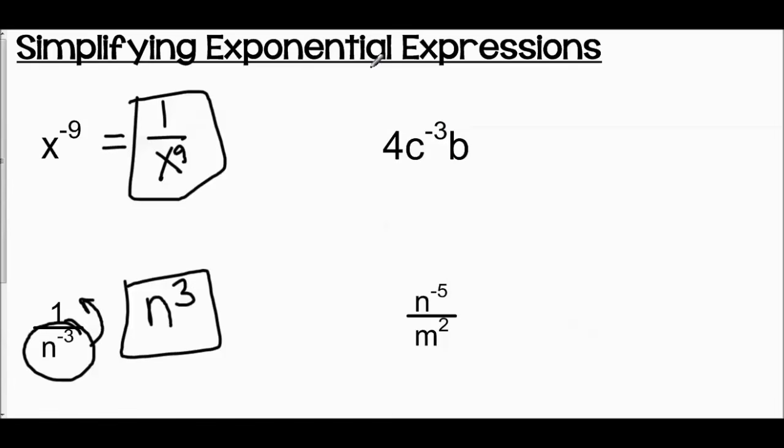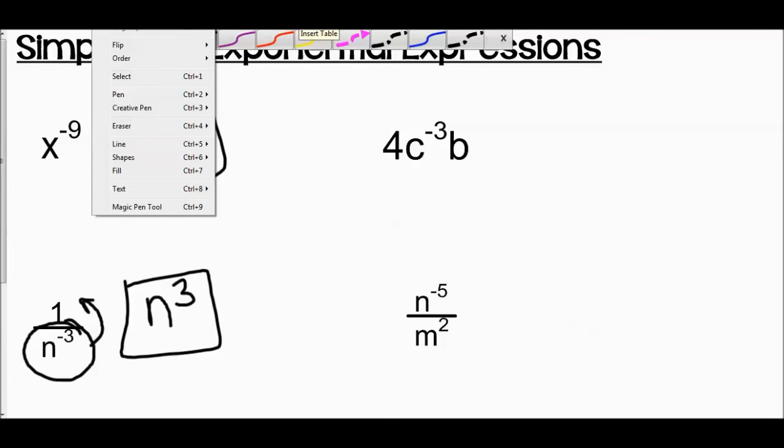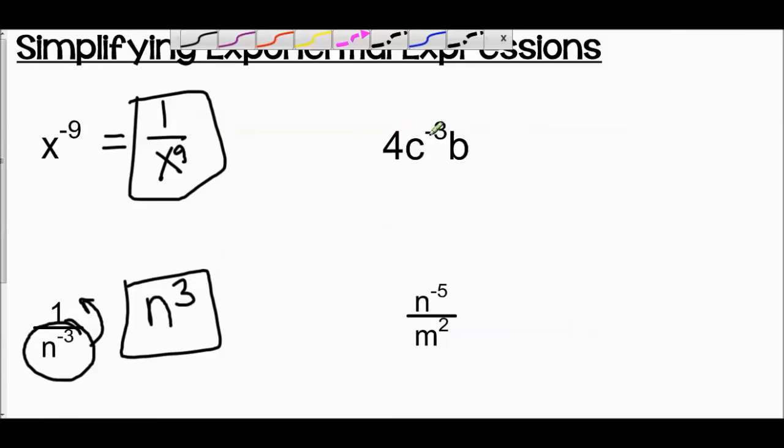Okay, now for this one, 4b c to the negative third power. Part of this chapter is being able to recognize what base that exponent is being applied to. Let me get a highlighter here. Okay, so this c to the negative third, that negative third is only being applied to c, so I'm going to push that down to the bottom.